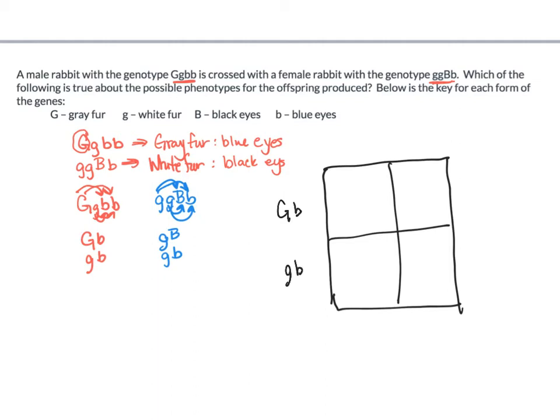And up here would be G, B, and little g, little b. And then we do the same thing, right? So we have G, G, B, B. And we can just fill them in.